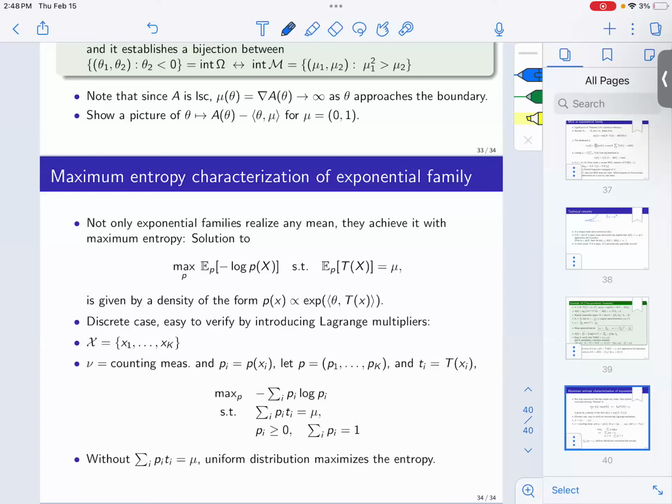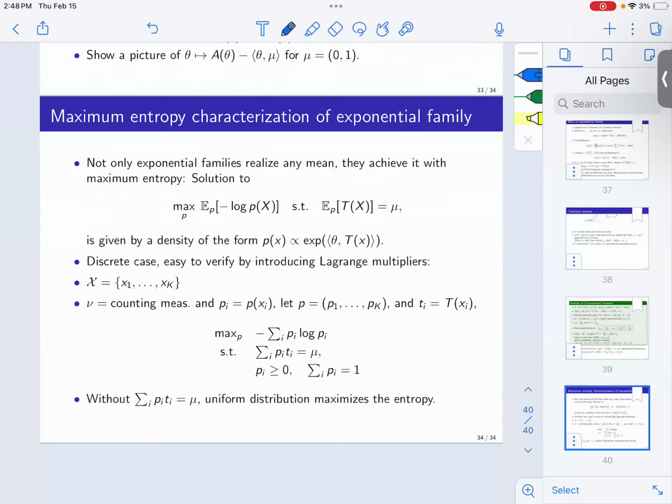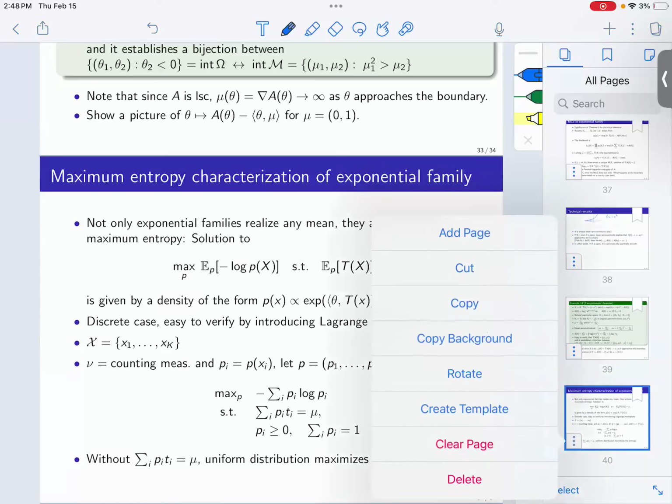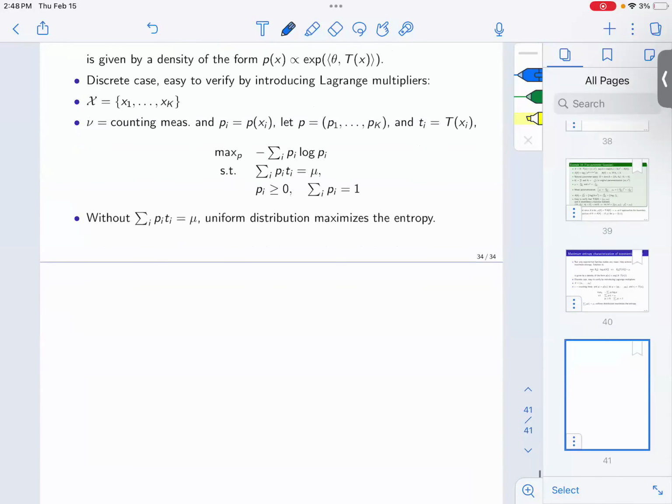So anyone knows the entropy? What is this entropy? Shannon's kind of entropy. So what is it? H, yes. Let me do it for the discrete case because it's easier to argue. If I have a discrete distribution, entropy is a property of a distribution.